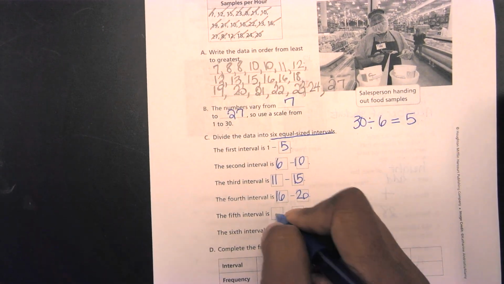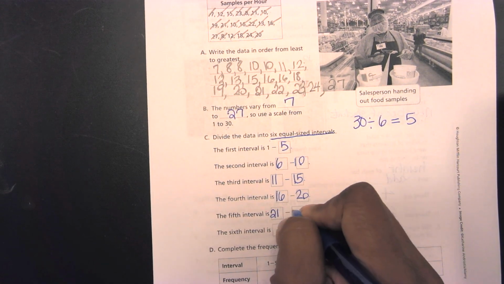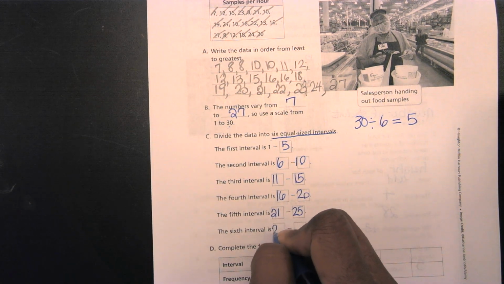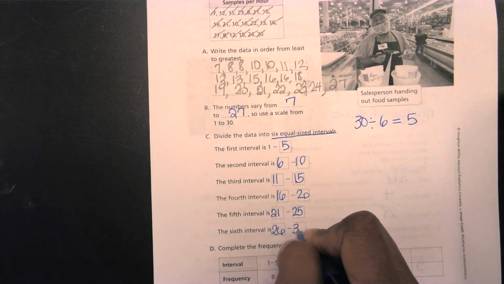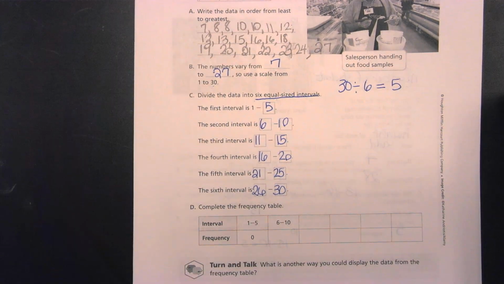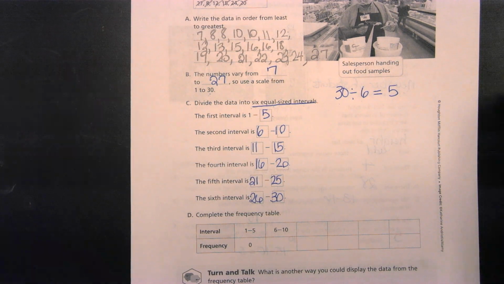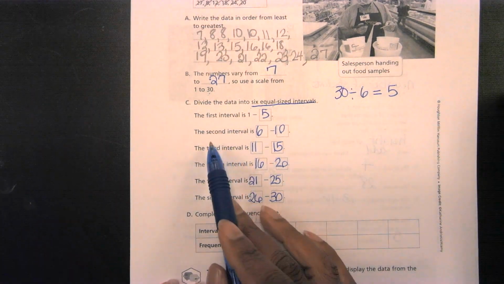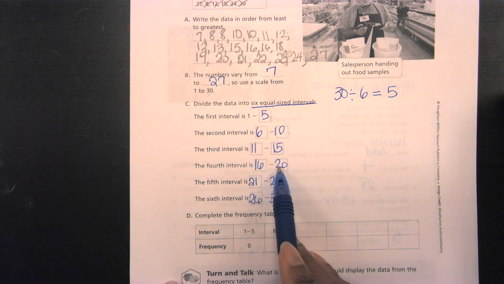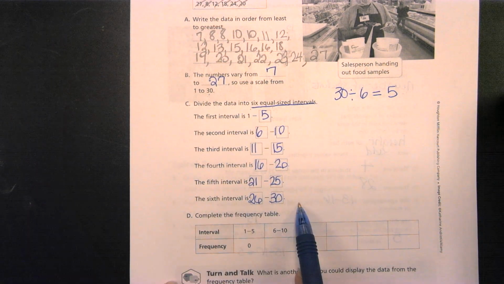Next, we're going to have 21 through 25. And then lastly, we're going to have 26 to 30. I hope that you guys understand what I was trying to say. Now, these are first interval, second interval, third interval, fourth interval, fifth interval, and sixth interval.